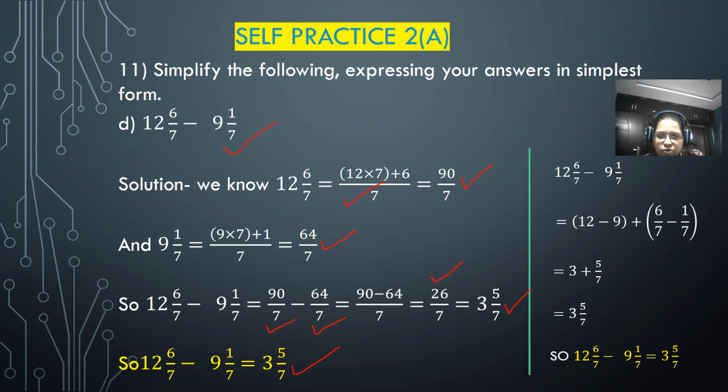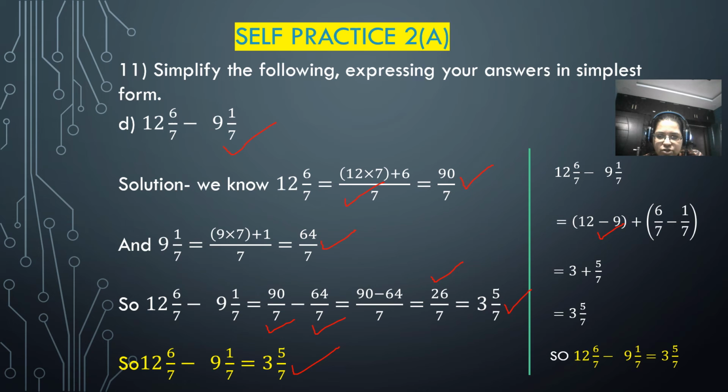Just first subtract the whole numbers separately, that is 12 minus 9, and subtract the proper fractions separately, that is 6 divided by 7 and 1 divided by 7.